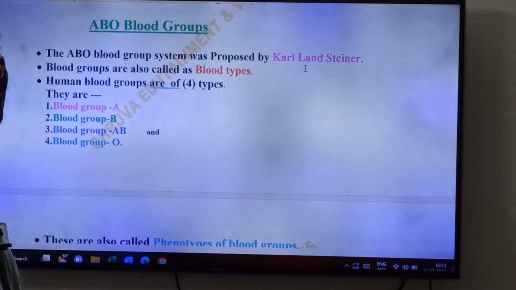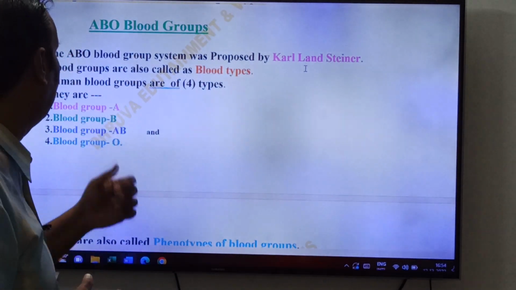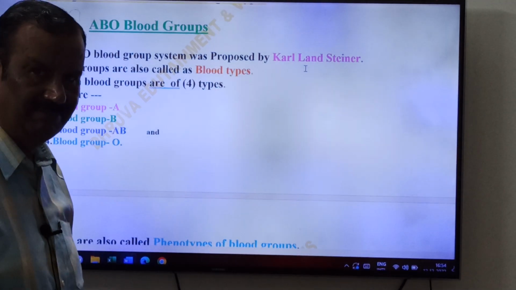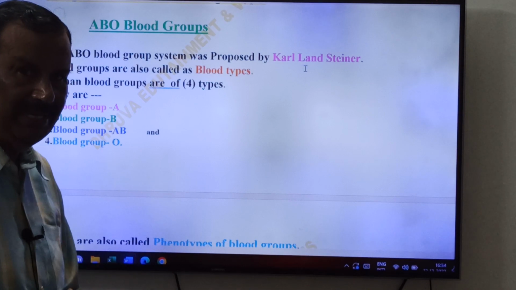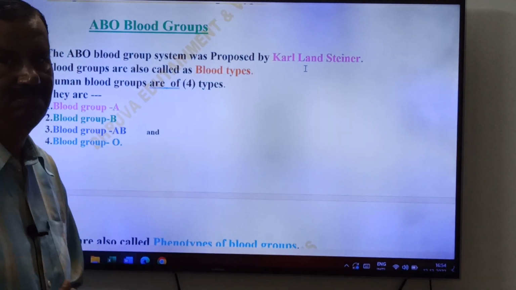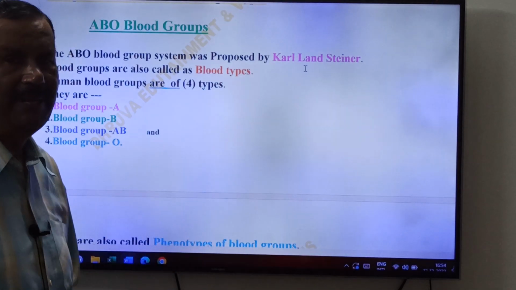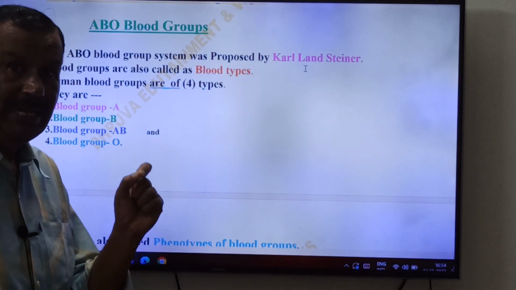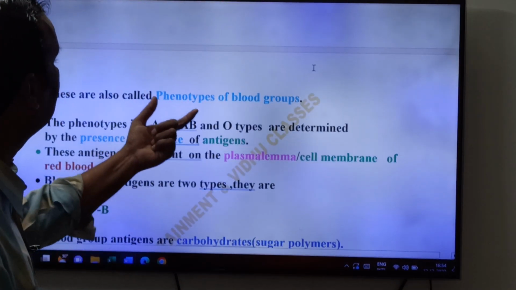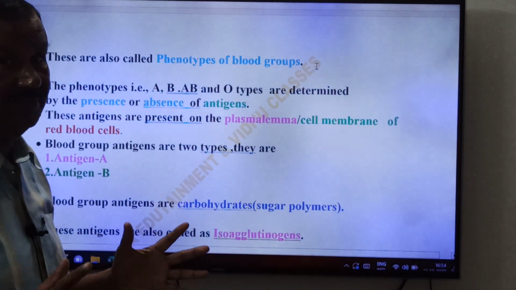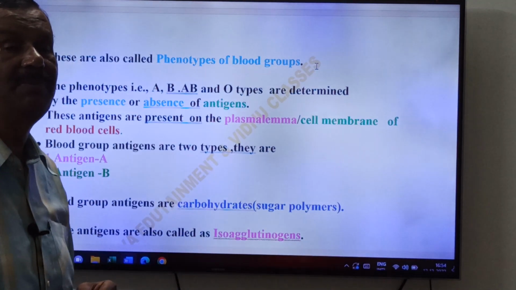Human blood groups are of 4 types. Friends, we have 4 types of blood groups. What are they? Blood group A, blood group B, blood group AB, and blood group O. These are also called the phenotypes of blood groups.